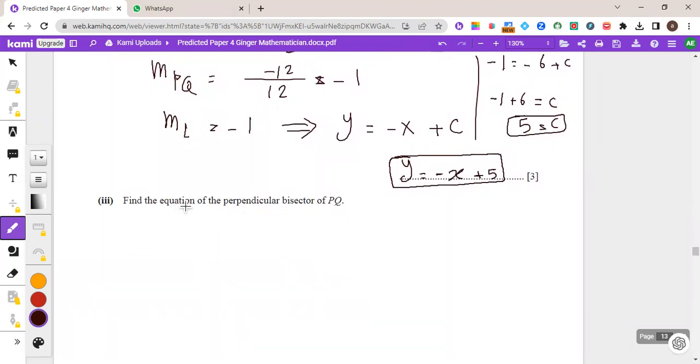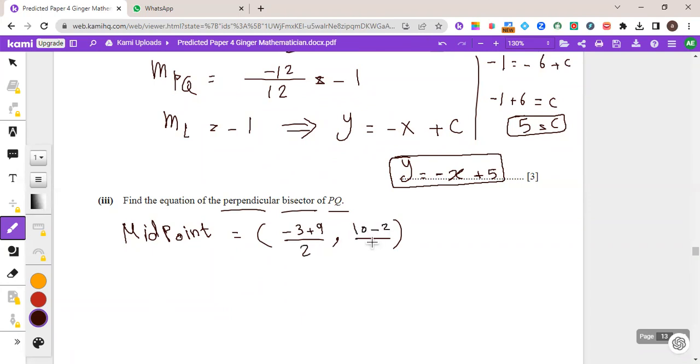Okay, so first we need to get the midpoint, so we know the point. The gradient we will find now, but first the midpoint of PQ. Minus 3 plus 9 over 2, and 10 minus 2 over 2. So the point is 3 and 4.